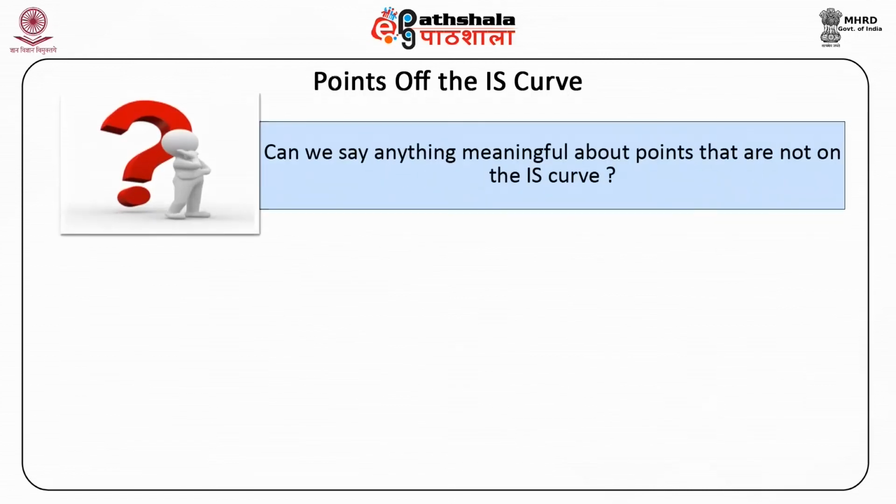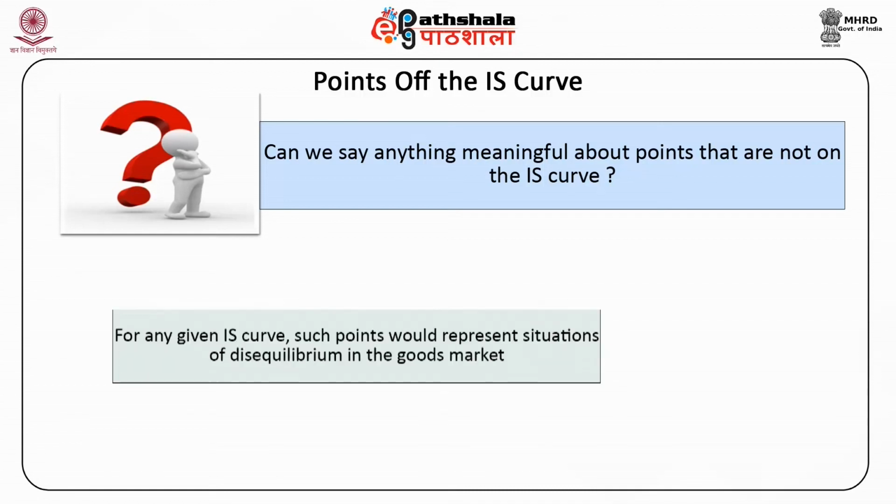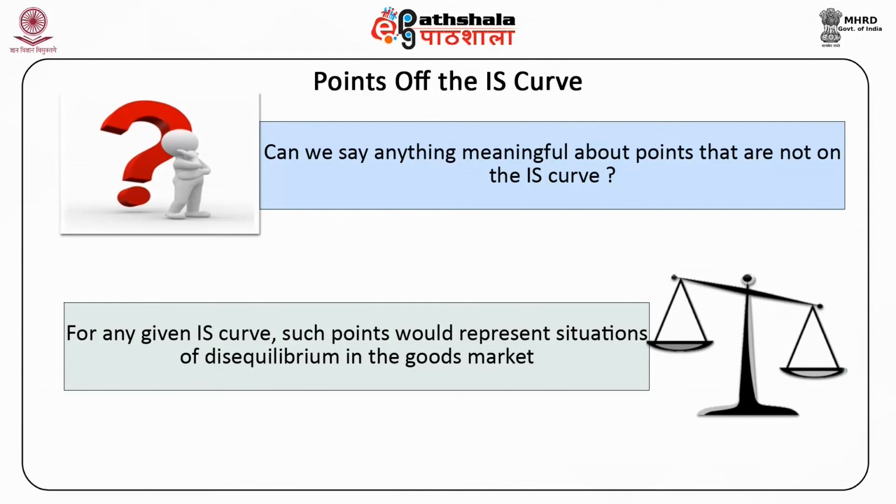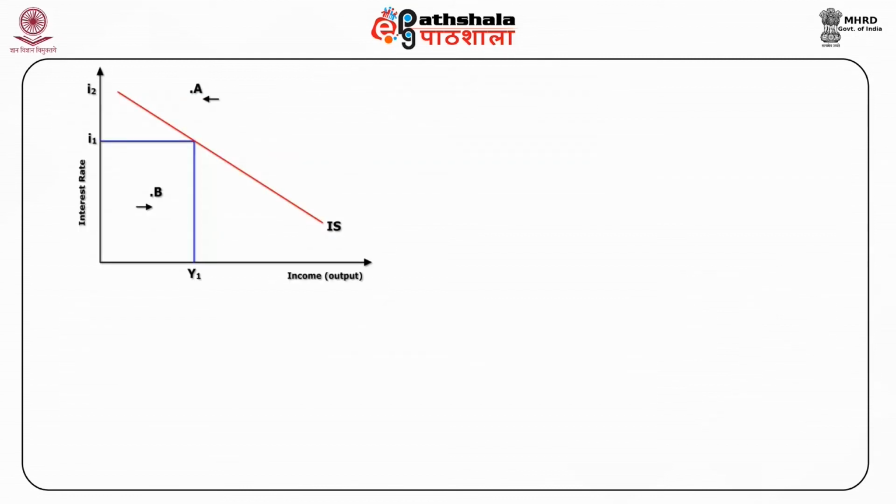Points off the IS curve. Can we say anything meaningful about points that are not on the IS curve? First, you should realize that for any given IS curve, such points would represent situations of disequilibrium in the goods market. First, consider a point such as A that lies to the right of the IS curve, figure 3.